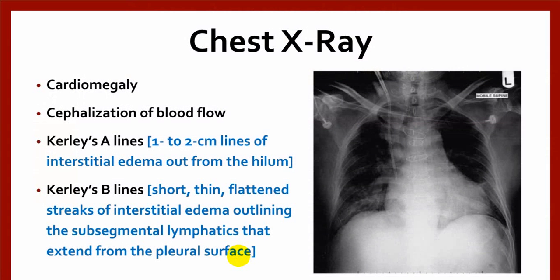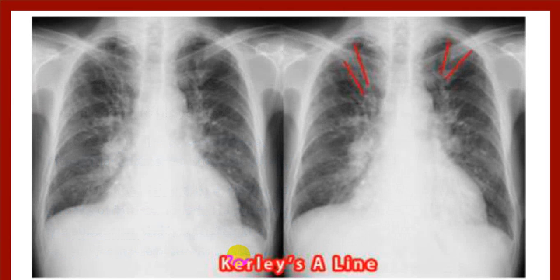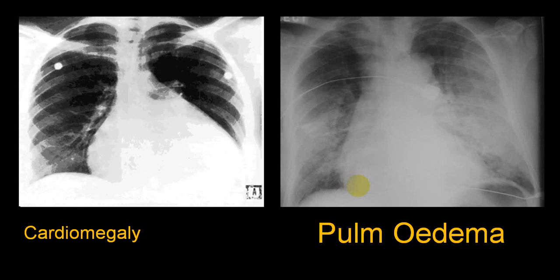X-ray chest gives you an idea regarding cardiomegaly, Kerley A lines, Kerley B lines, pulmonary congestion, pleural effusion, bilateral pleural effusion. The red arrow shows you Kerley A lines, and at the base we call them Kerley B lines. You get cardiomegaly, you can have severe pulmonary congestion that is going in favor of pulmonary edema.